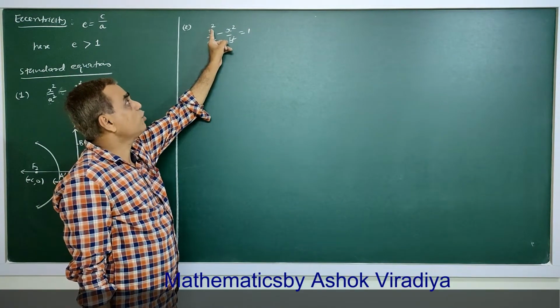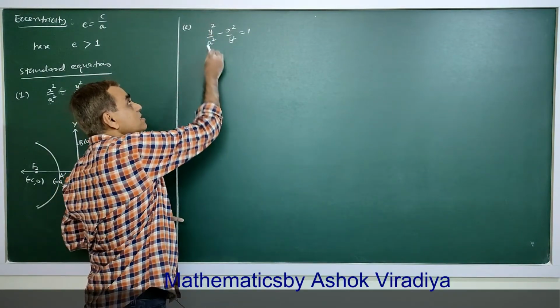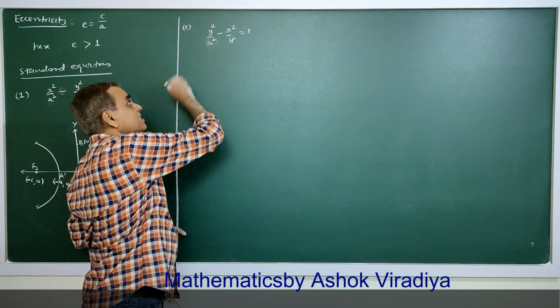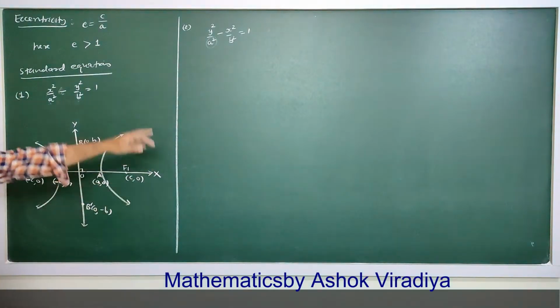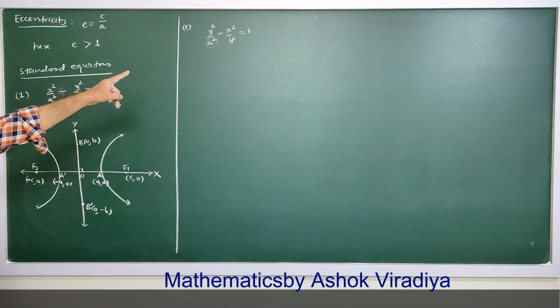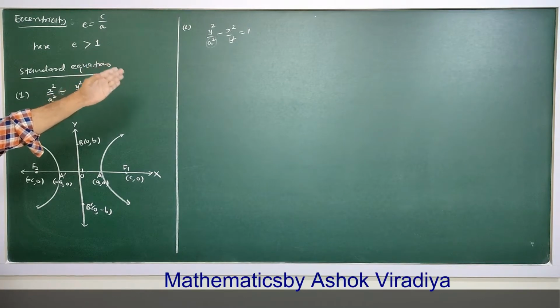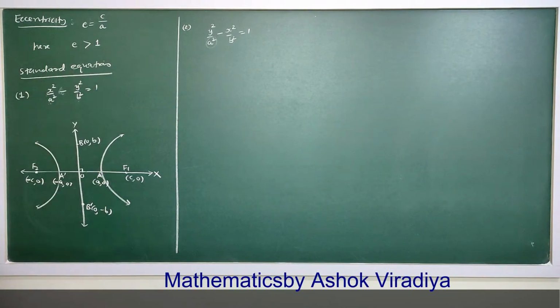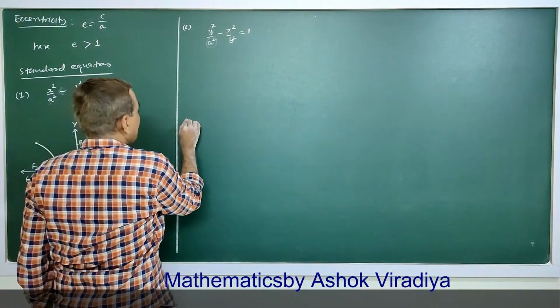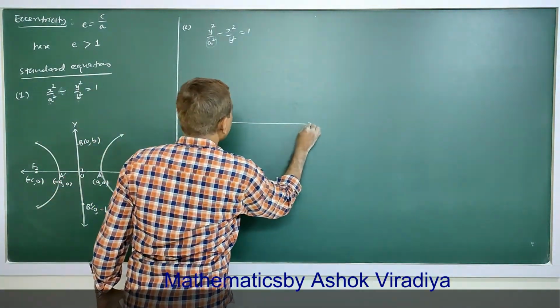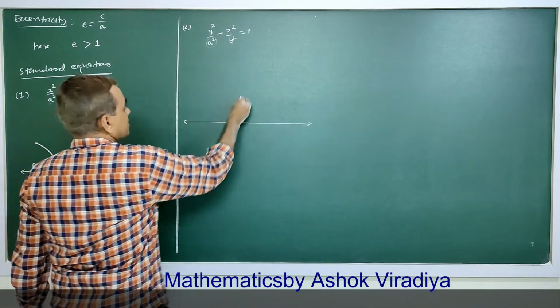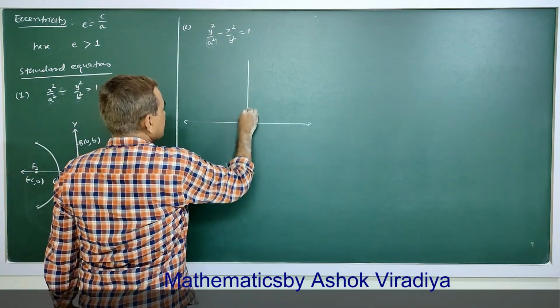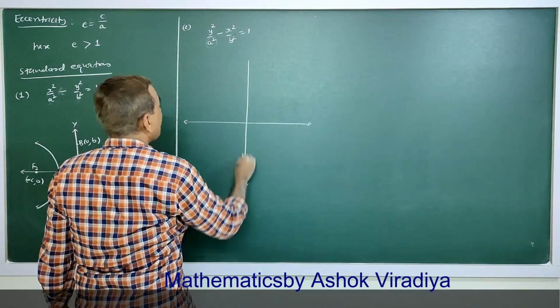Then the number below the positive term we consider as a square. If the equation is of this pattern, in which x square is negative, then the denominator of y square we call a square. So the sketch of this hyperbola will have the transverse axis along y-axis.